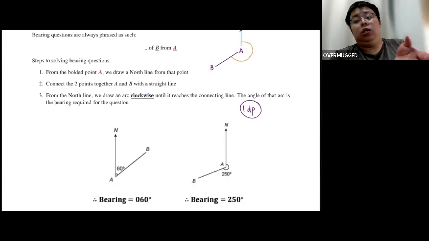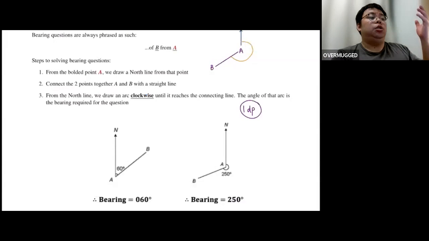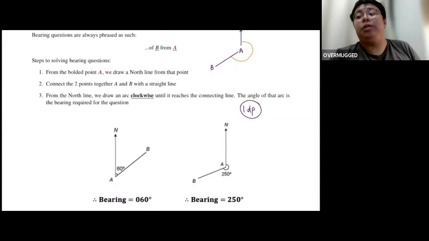The decimal places are their own entity. For example, if the angle is 60.9, it will be 060.9. This is a very common mistake that many students make. So please remember, I repeat one more time, all bearing answers must be written in 3 digits and rounded to 1 decimal place.